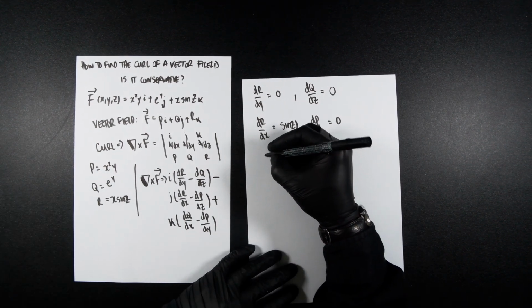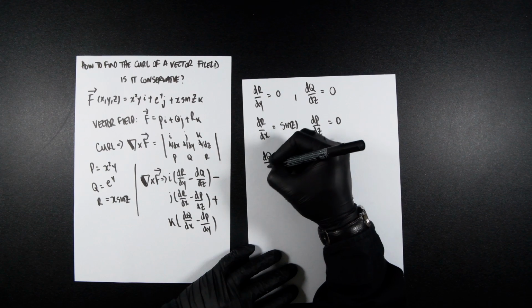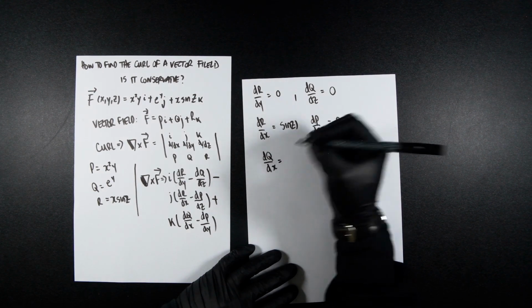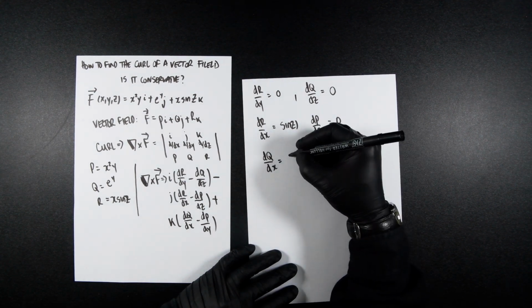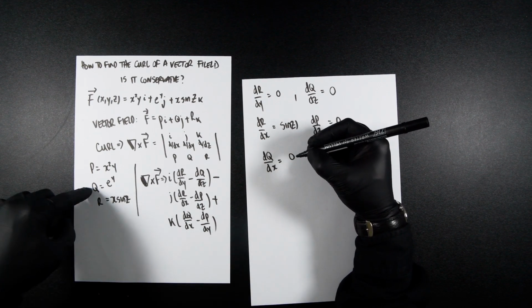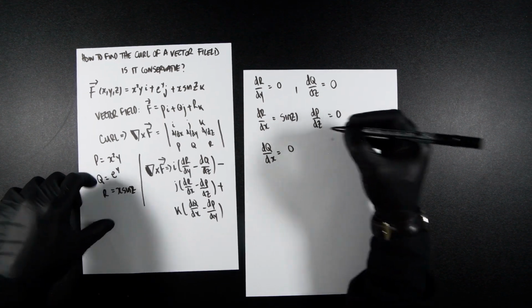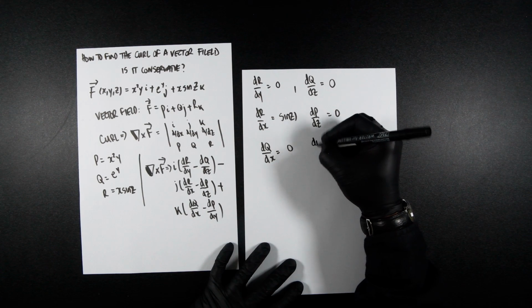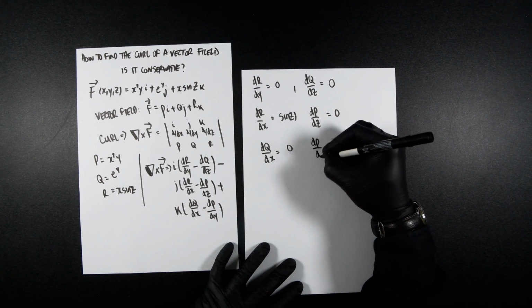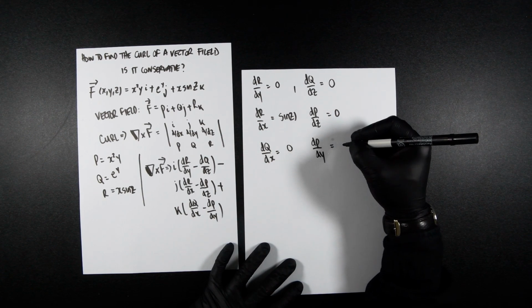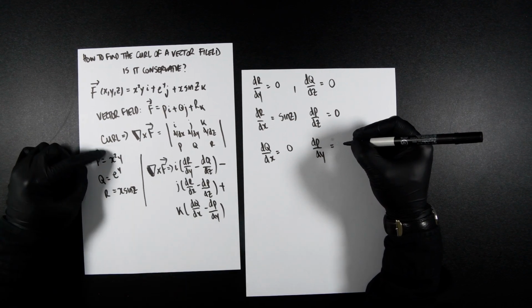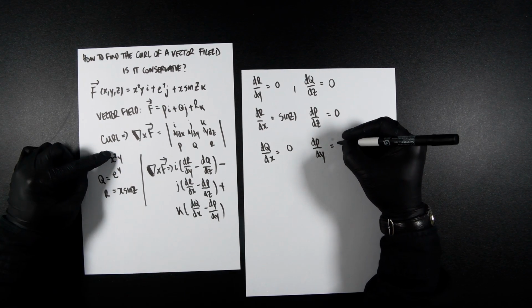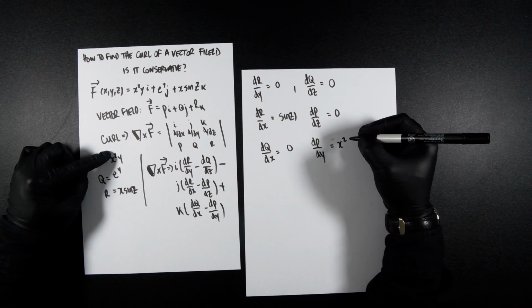And then let's do dQ over dx. And that is going to be 0, because again, there is no x term here. And then we're going to do dP over dy. And we actually have a y here, so the y disappears, and we're going to get an x squared.